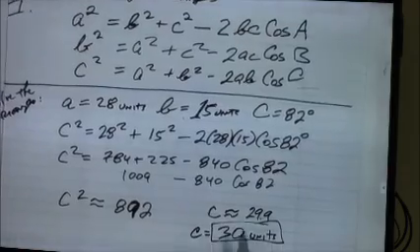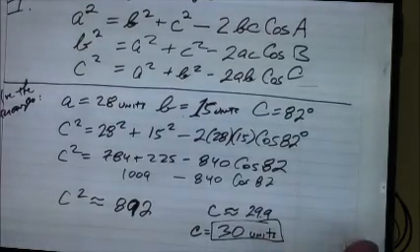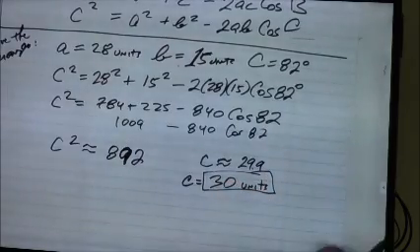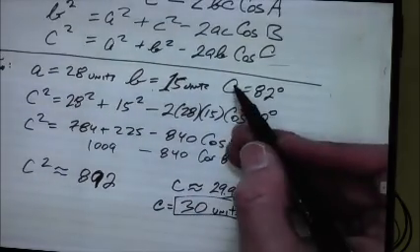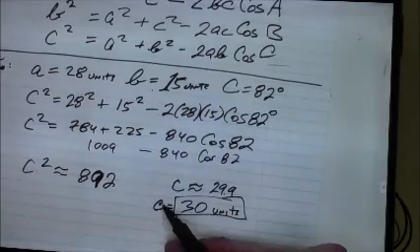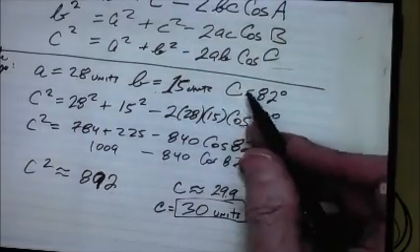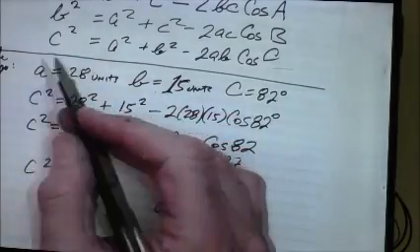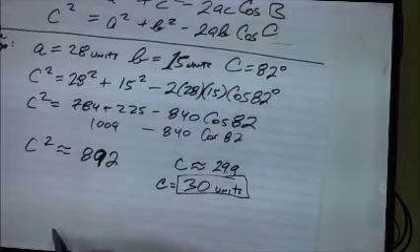Now one of the next steps, we have to find an angle. So even though we did the law of cosines here, we're back to the law of sines, because we have an angle and its side length. The law of sines says sine C divided by c will give us sine A over a. So let's set that up.